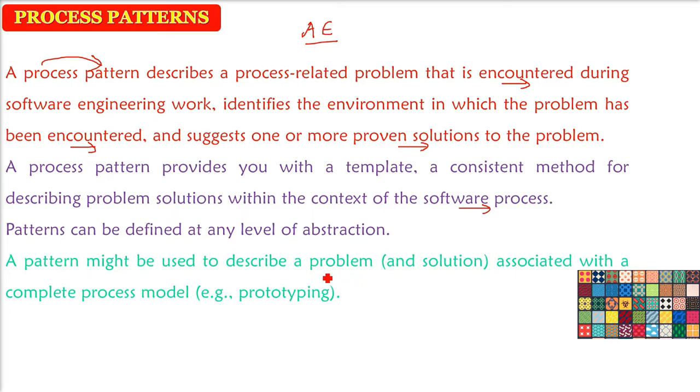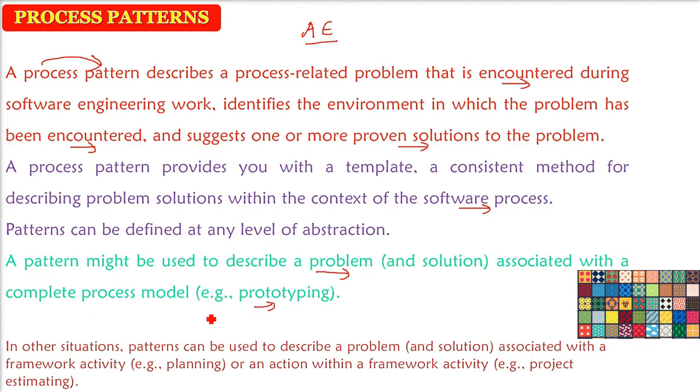This pattern is basically to describe a problem and what solutions you can adopt by taking which model. This problem can be solved best by which complete process model. This is a pattern. As I said, patterns can describe a problem, can describe a solution along with certain framework activities. We have communication till deployment.